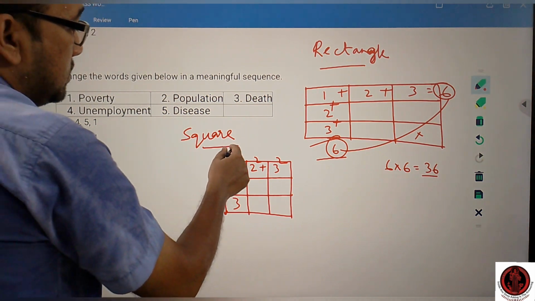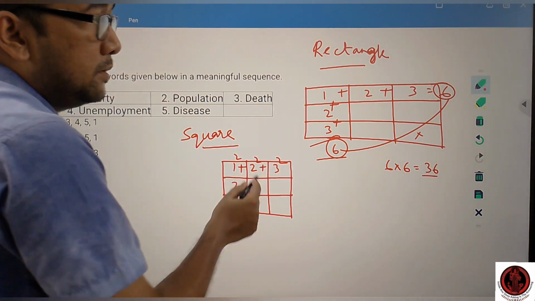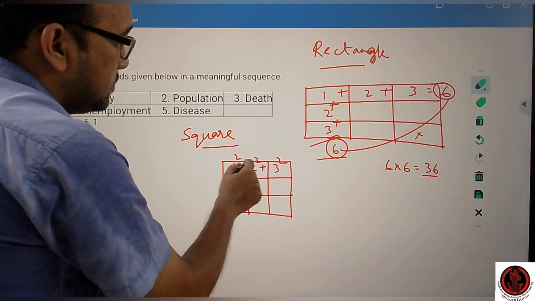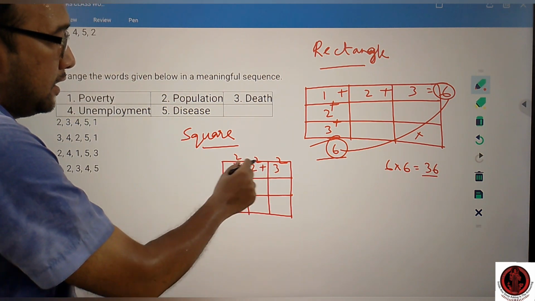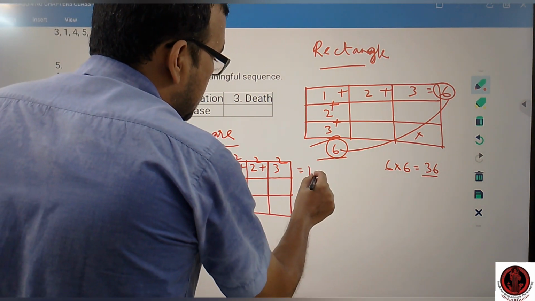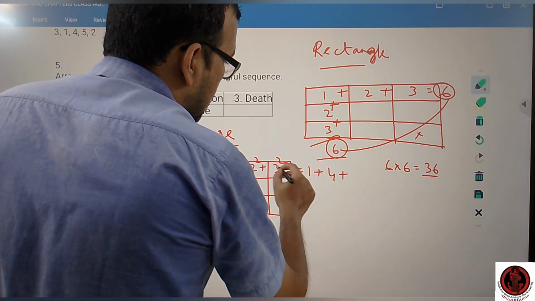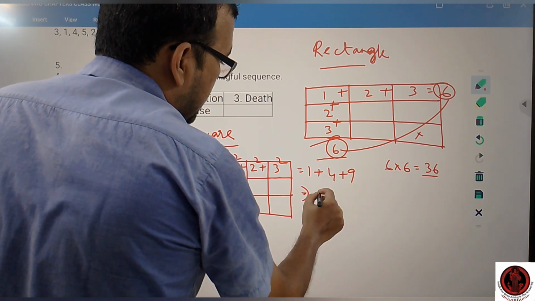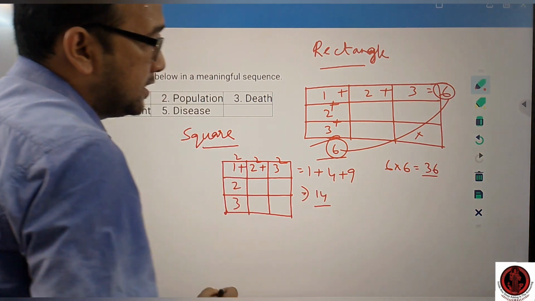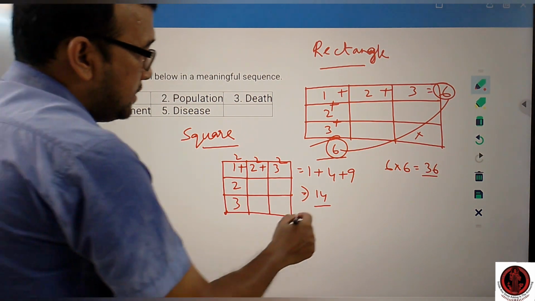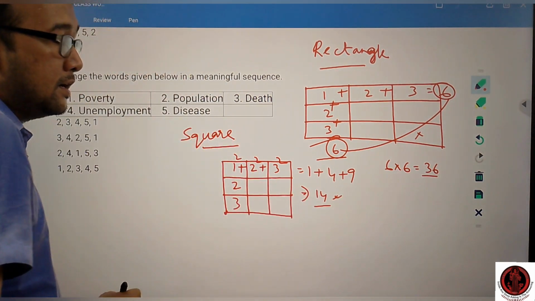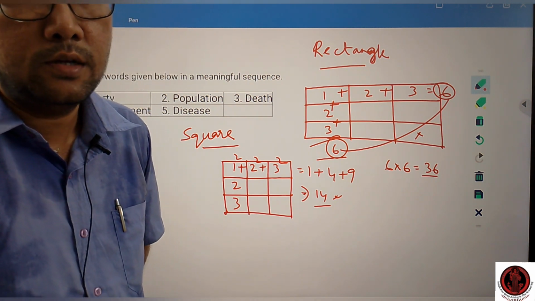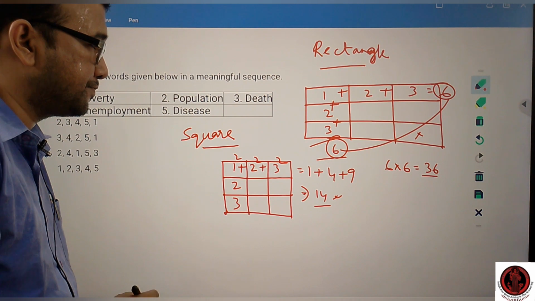You have to square and then add. 1 square means 1, 2 square means 4, 3 square means 9. So 1 plus 4 is 5, 5 plus 9, that is 14. So the answer is 14. This is the method of figure counting when square counting is there.